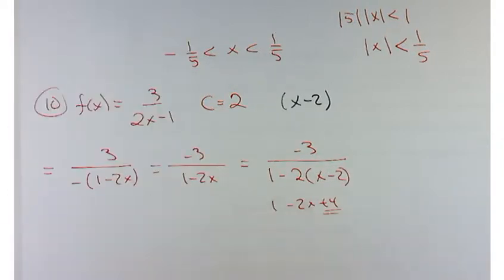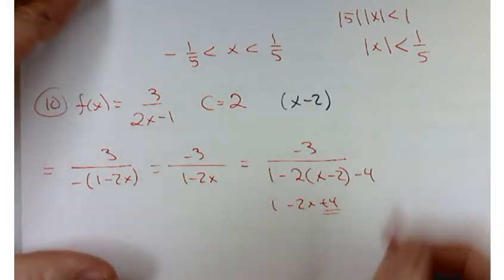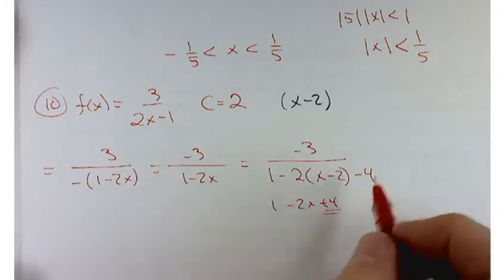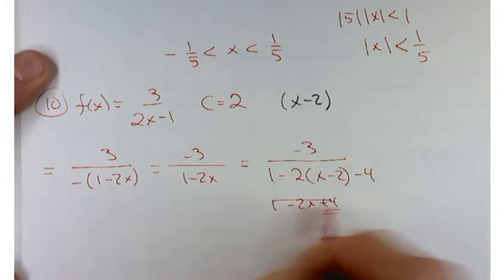To balance it out, if I add 4, what else would I have to do? Subtract 4. So I'm going to put the subtract 4 here. All right. Now, let's get rid of this.